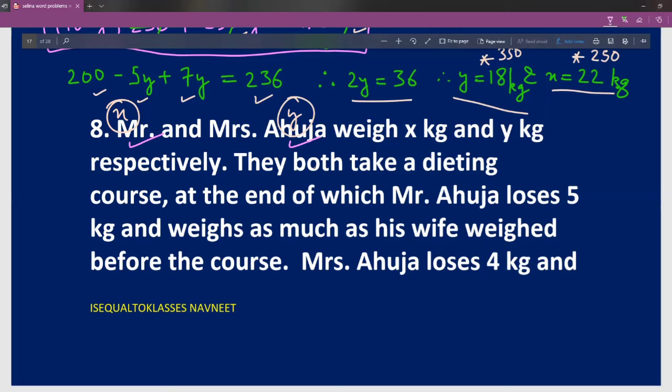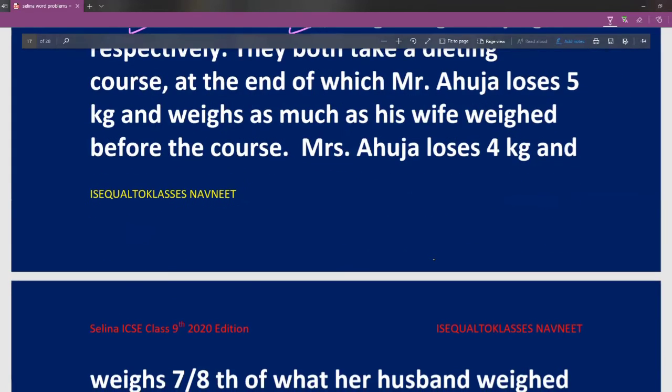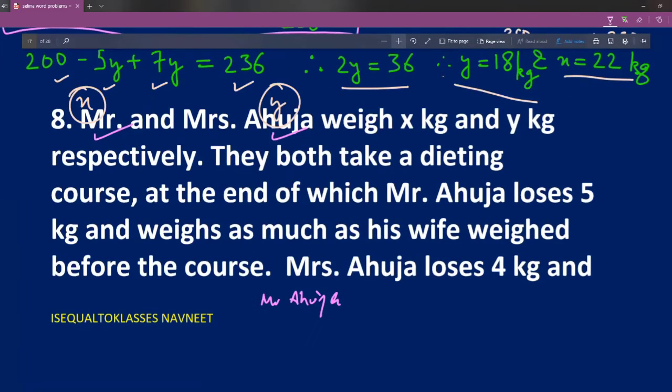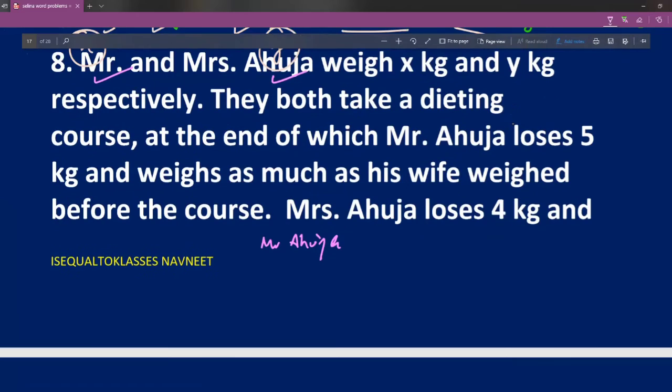They both take a dieting course at the end of which Mr. Ahuja loses 5 kg. So I'll jot down the information here. This is Mr. Ahuja and this is Mrs. Ahuja.